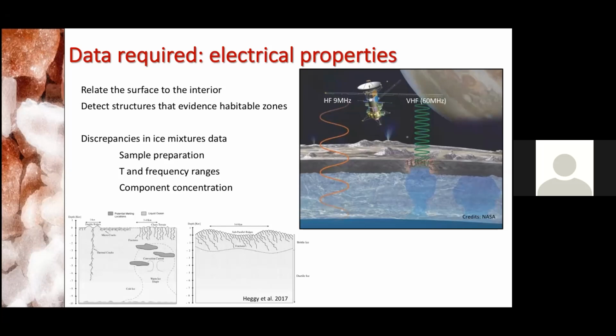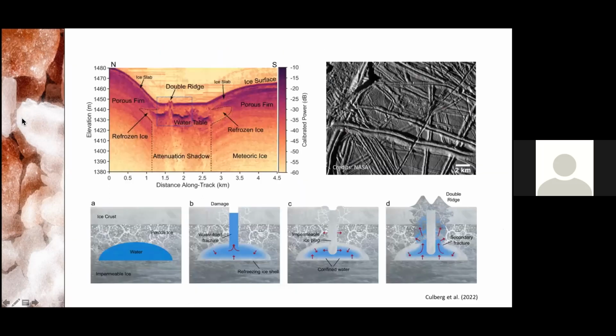Electrical properties of multi-component systems, even binary systems, are scarce at planetary conditions so far. And although data of these systems already exist at 1 bar and low temperatures, they are fragmented in terms of sample preparation, temperature and frequency ranges, or component concentration. So we have a lot of work to do in this sense.